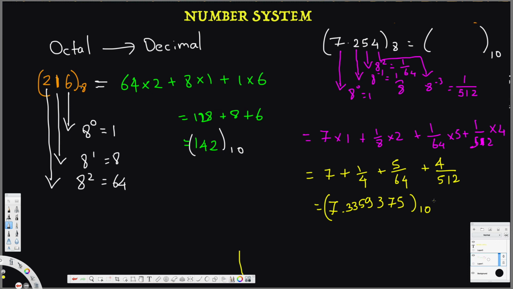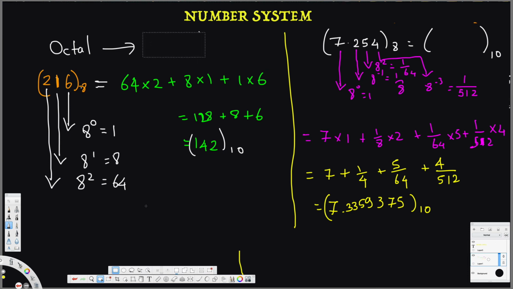Okay, that's how we convert a number from octal to decimal. Now let's say in case we have a question asking how to convert a number from octal to binary. If we want to convert a number from octal to binary, what should we do?